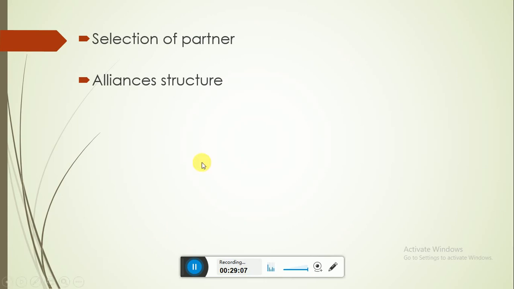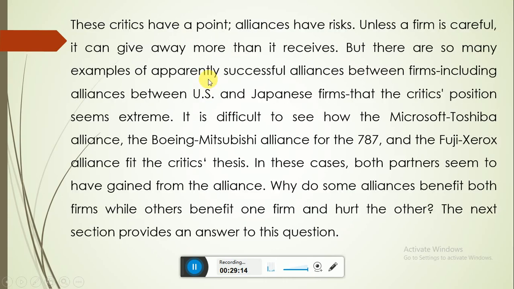They believe this is another thing. So if you select a good partner and you have an alliance structure, then the commentators' thesis holds, that it's for mutual benefit, that both partners seem to gain.